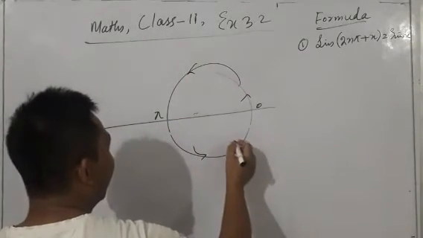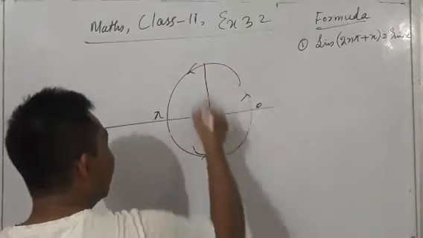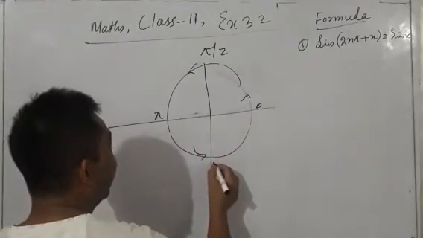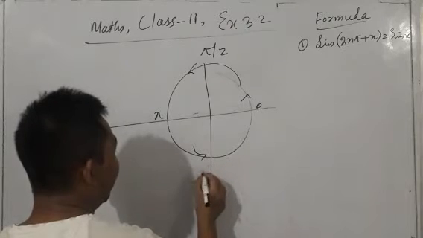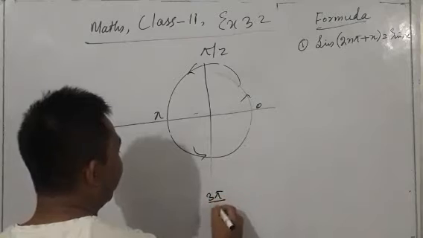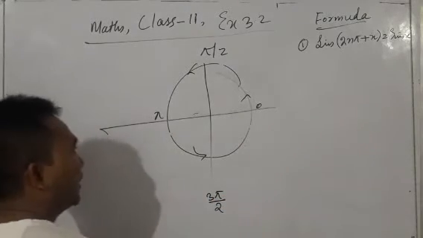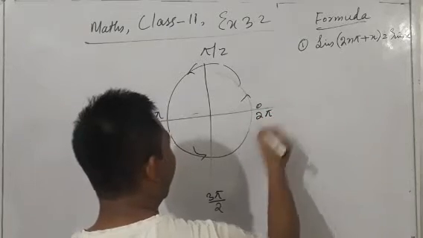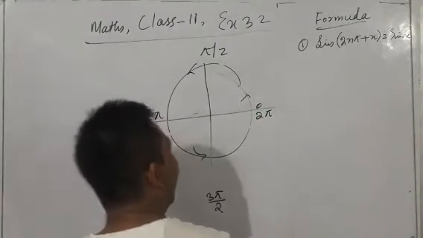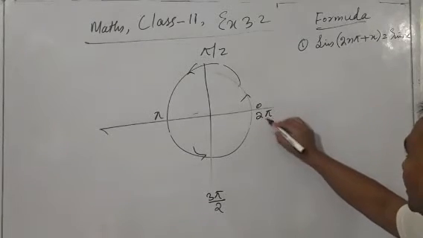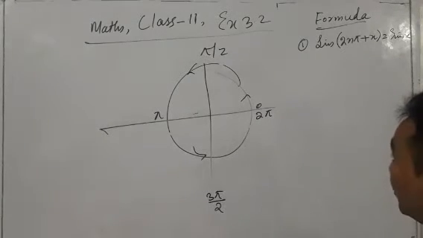So it is pi by 2, that is 90, and this is 270, 3 pi by 2 actually, and then this is 2 pi. At 2 pi, the value will be 0 only.